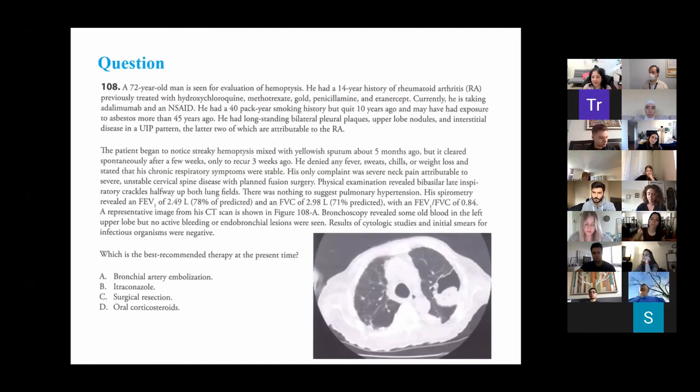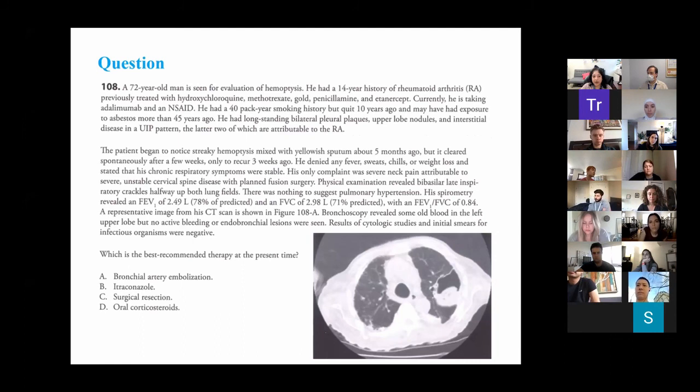All right, I'm going to pause again with a tough case here. So 72-year-old man seen for hemoptysis, 14 years of rheumatoid arthritis, and he was previously on Plaquenil, methotrexate, gold, penicillamine, etanercept.